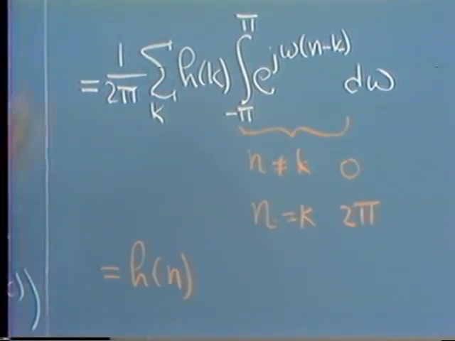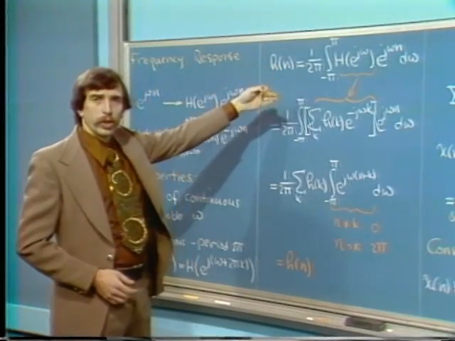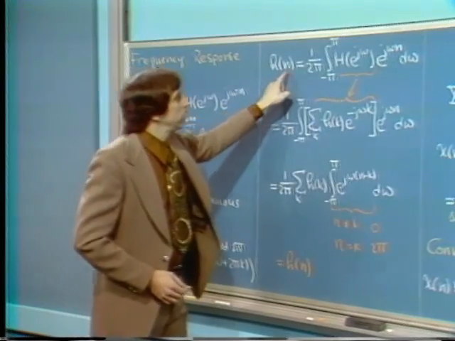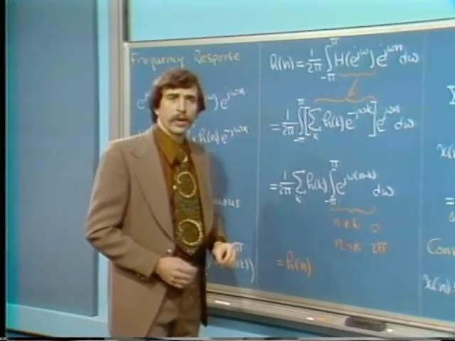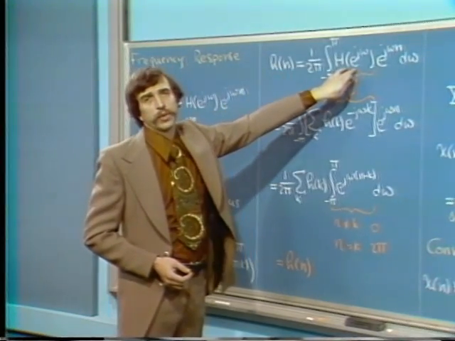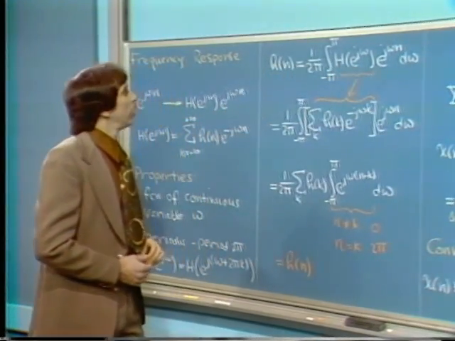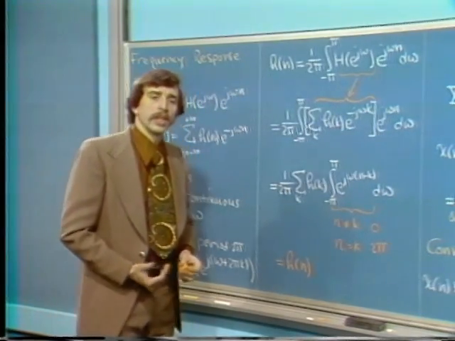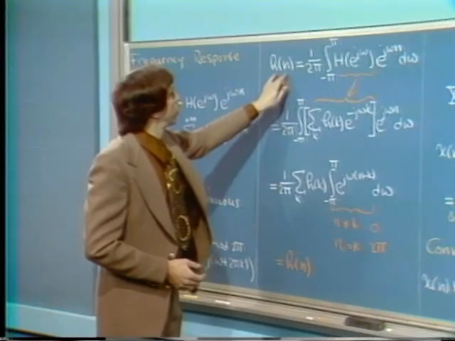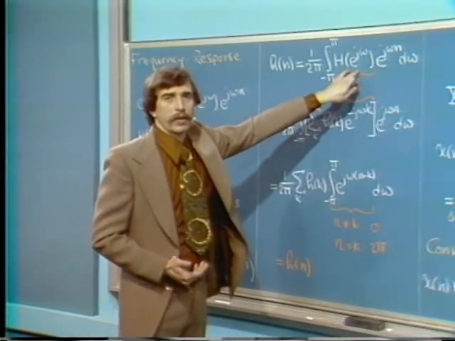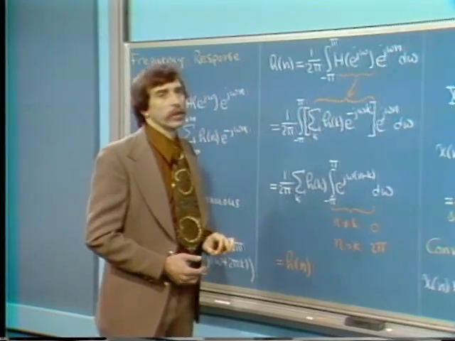All right, so this is, in a sense, a formal justification for the fact that indeed this is the inverse relationship to express h of n in terms of the frequency response, although in fact it's more useful in terms of insight to think of it as the Fourier series coefficients of a periodic function of the continuous variable omega.